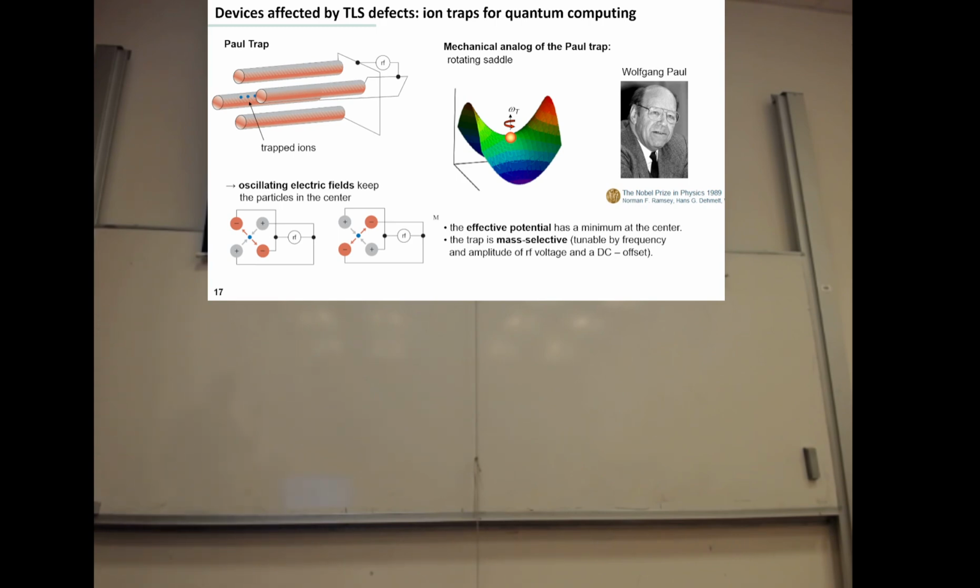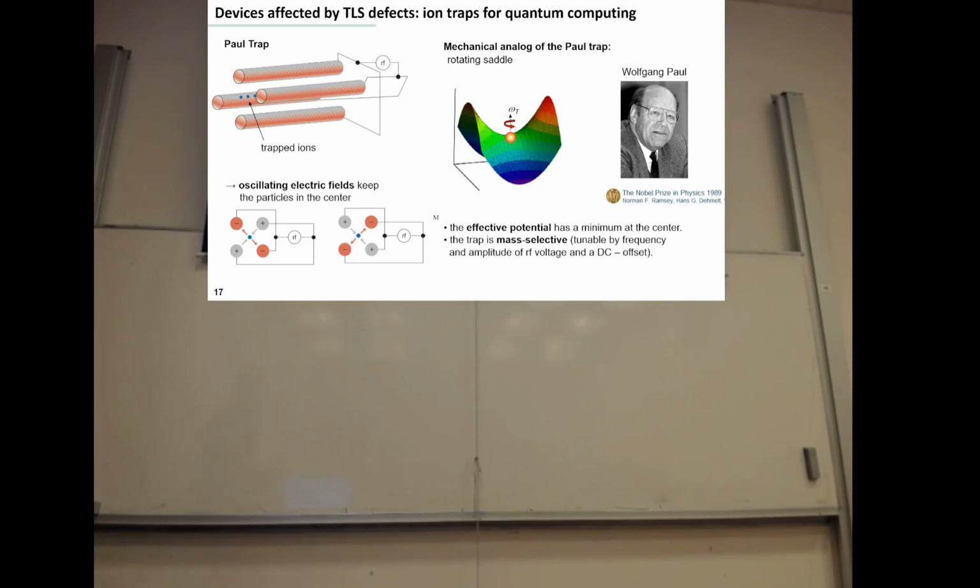And you can imagine that when you have now the situation of this ion is there and you have a negative polarity here, then the positive ion will be just able to move along this direction, but will be confined in this direction. And what you do then, to avoid that this particle moves in this direction or escapes in this direction, is you just, after a short time, invert the polarity, and then the particle is pushed back here to the center point, but now able to move in this direction.